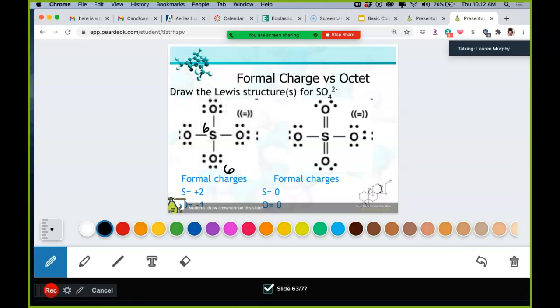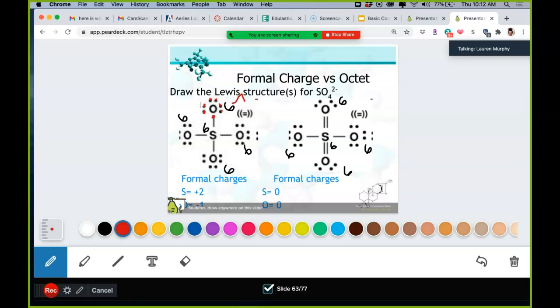All the oxygens also have 6 according to the periodic table. Then you subtract how many have actually been assigned to them in the Lewis structure. Like this oxygen has been assigned 1, 2, 3, 4, 5, 6, and then you only count one of the ones in the bonded pair, 7.